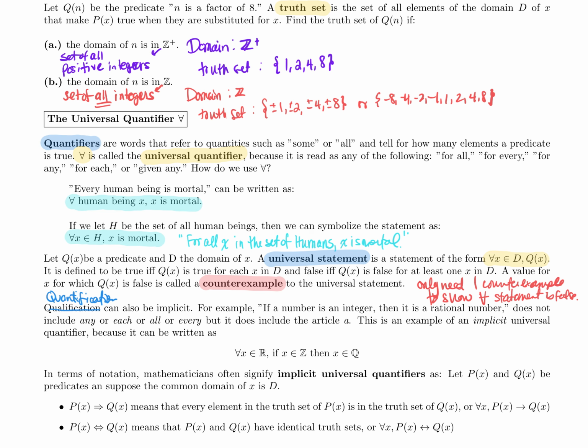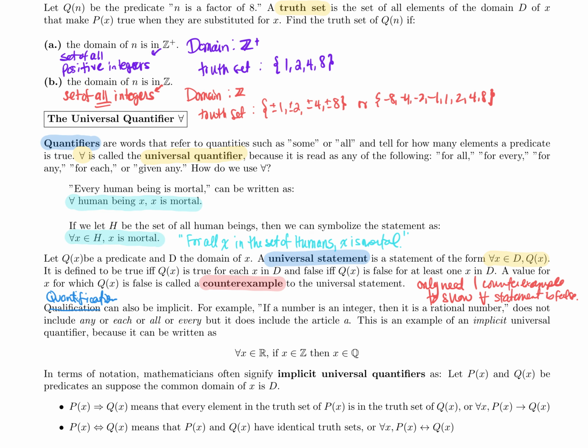It doesn't include the words any or each or all or every, but it does include the article a or an, right? An even number. This is an example of what we call an implicit universal quantifier.